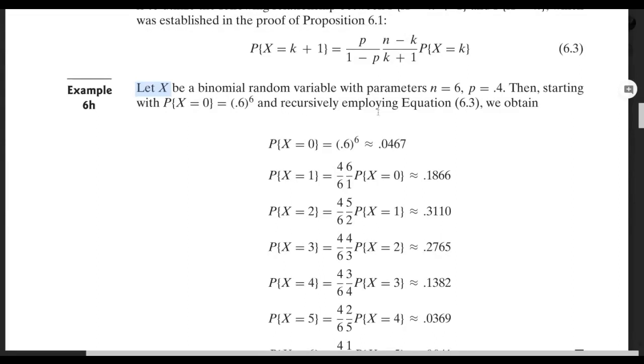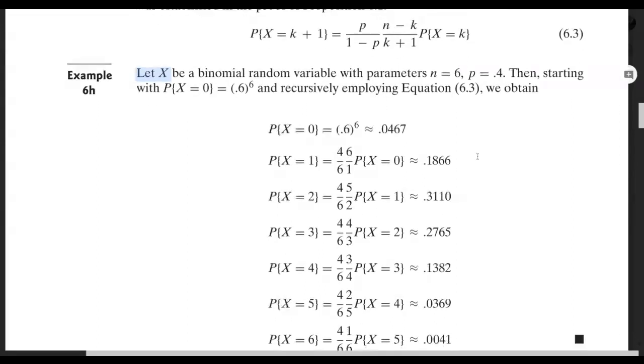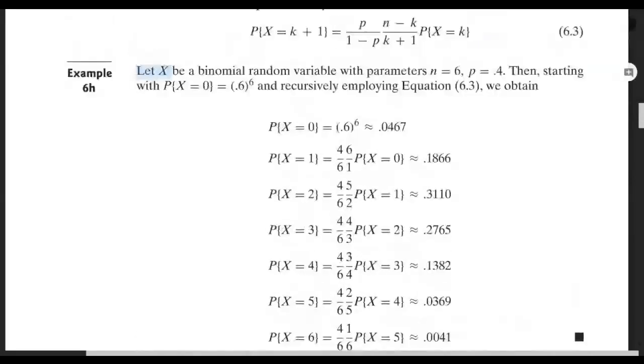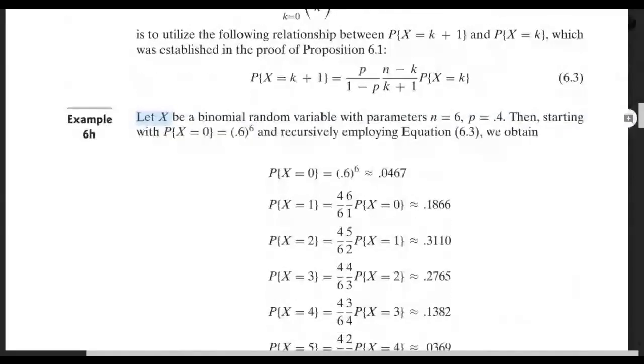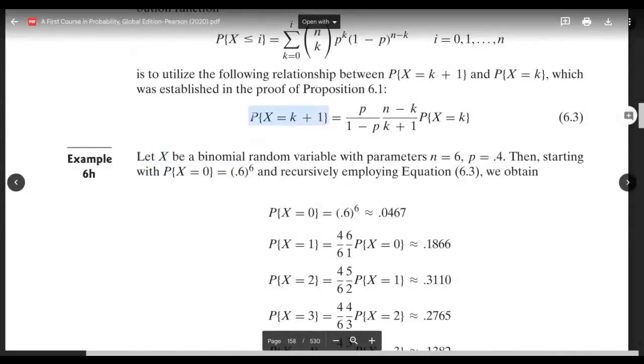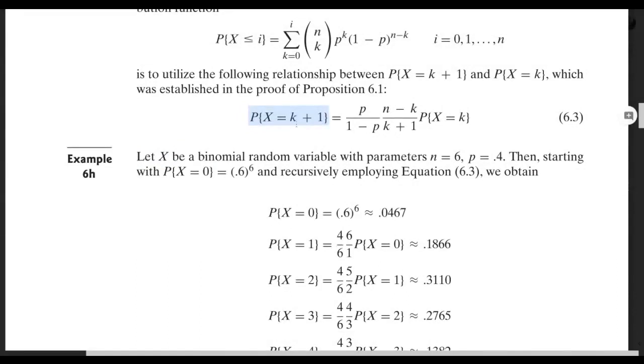And recursively employing equation 6.3, which comes from this: the probability of X equals k plus 1 is p divided by 1 minus p, times (n minus k) over (k plus 1), multiplied by the probability of X equals k.